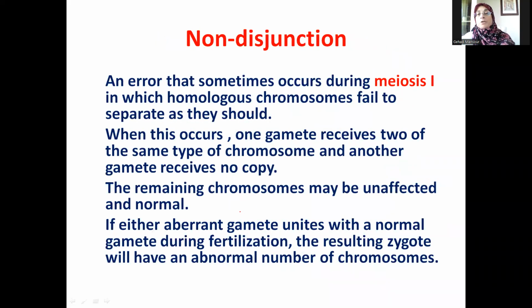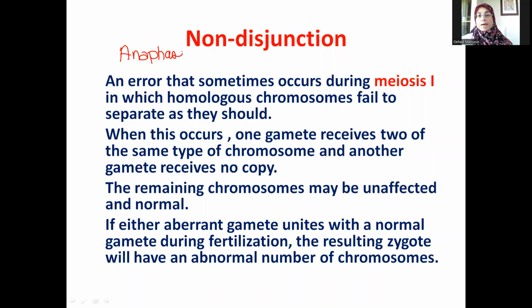So non-disjunction is an error that sometimes occurs during meiosis 1. By the way, this is not completely accurate because as we saw, it might occur in metaphase, or actually it occurs essentially during anaphase.